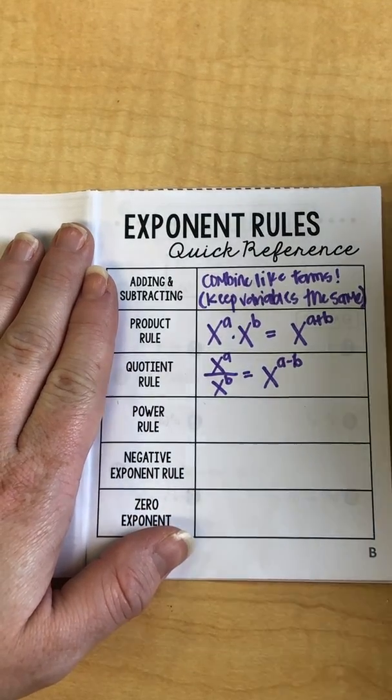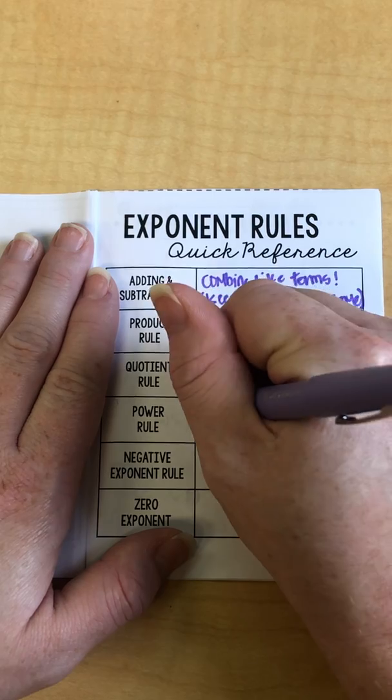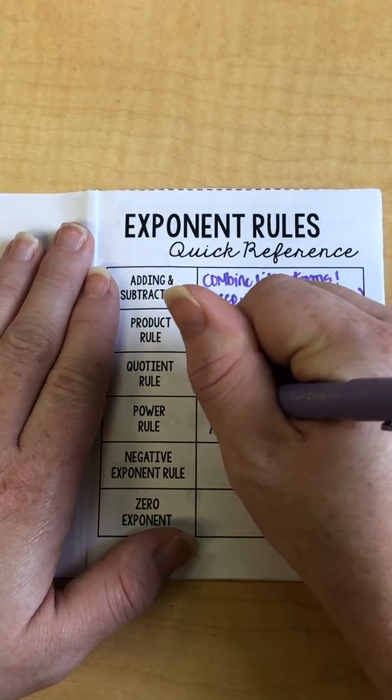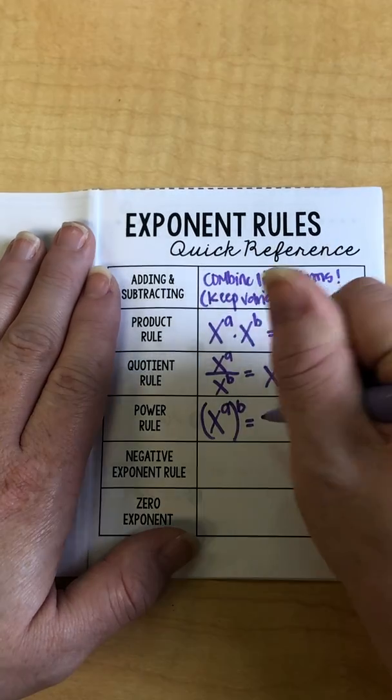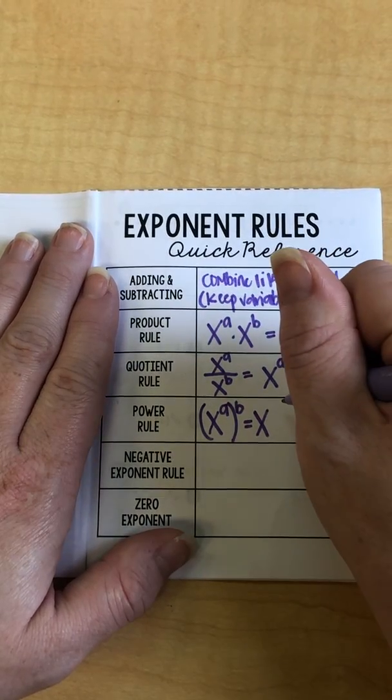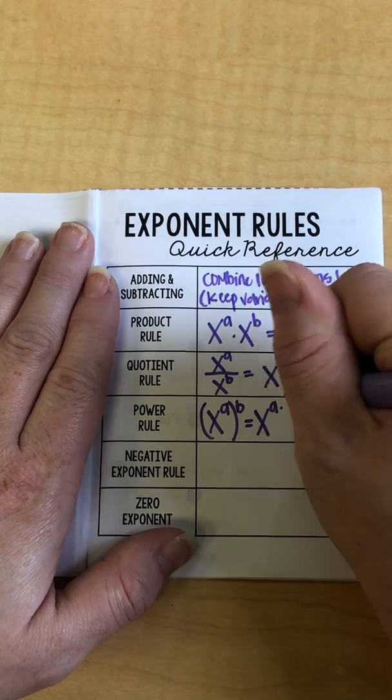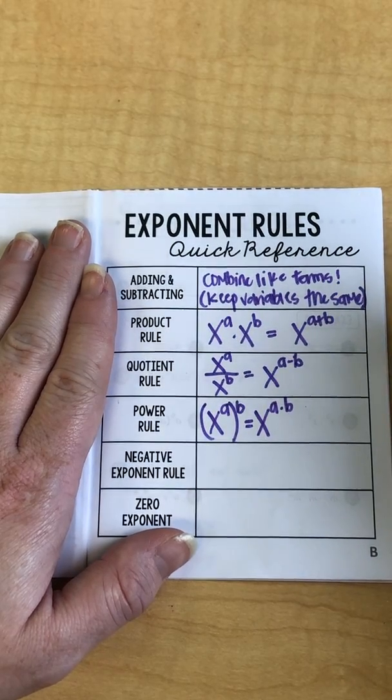Then we have the power rule. Okay, if I have x to the a power and it is raised to the b power, I'm simply going to multiply a times b.